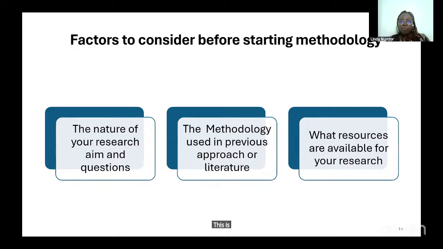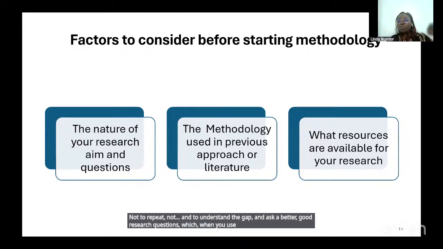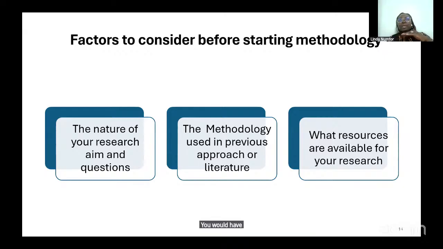This is going to help you not to repeat, to understand the gap and ask good research questions. Then, when you use the methodology, you won't have a time where a reviewer is telling you this work does not have innovation because your research question is wrong due to poor literature review. You can't rely totally on AI to give you a research gap. You have to do a literature review.